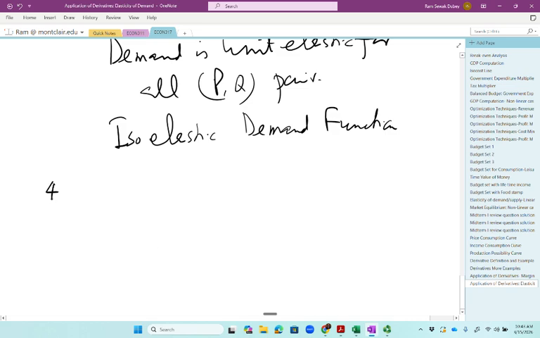The last one, I'll take another example just to show we could also have the case where the inverse demand is specified, not the demand. So let's take the example where P is defined as Q to the power minus 2.